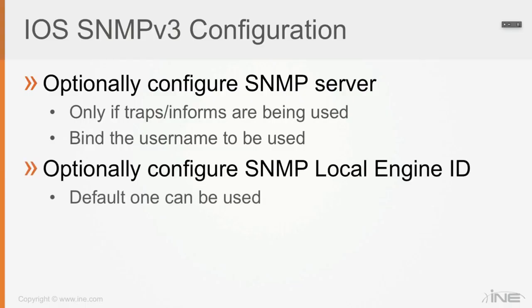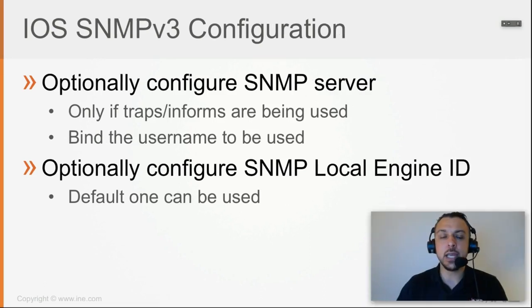And optionally configure the SNMP local engine ID. The default one can be used. Now, keep it simple: the engine ID behaves like an OSPF router ID. So why is this useful?